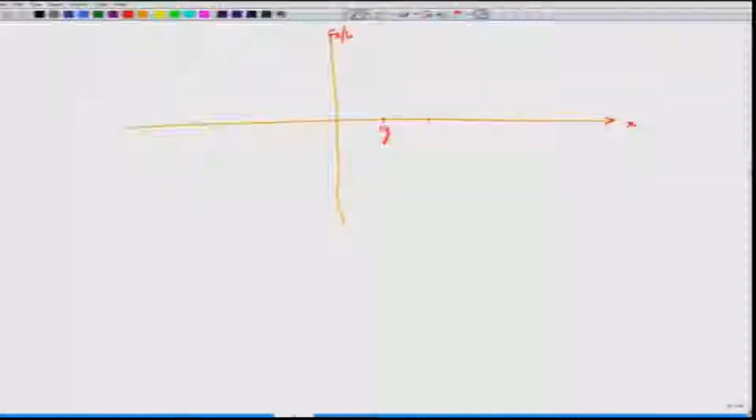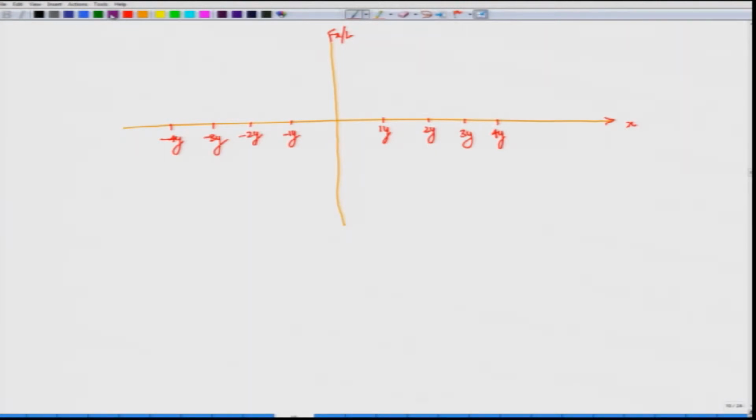So, we will say x in terms of y: 1y, 2y, 3y, 4y and so on. Similarly, we can have minus 1y, minus 2y, minus 3y and minus 4y.